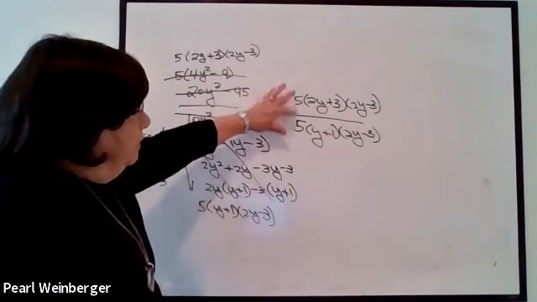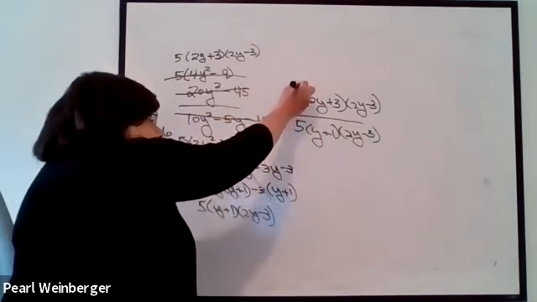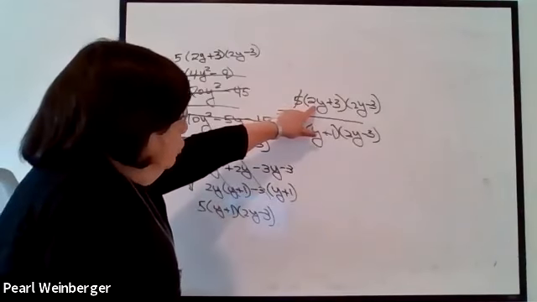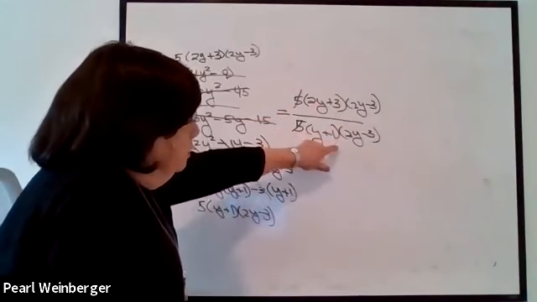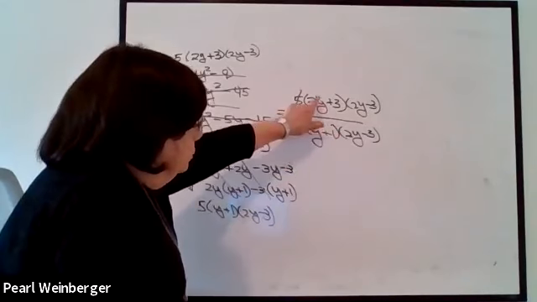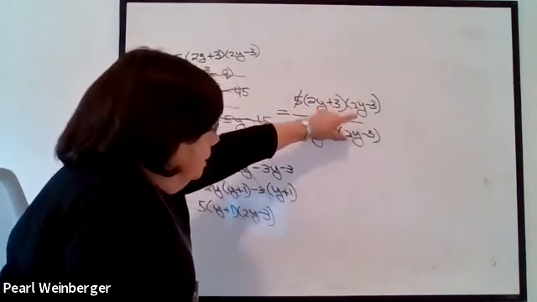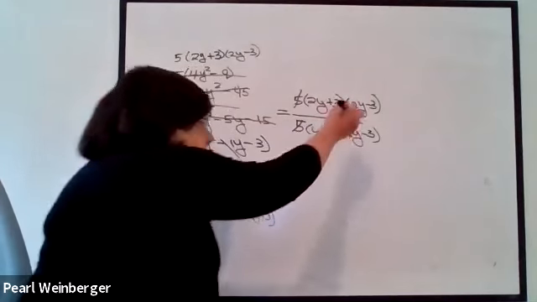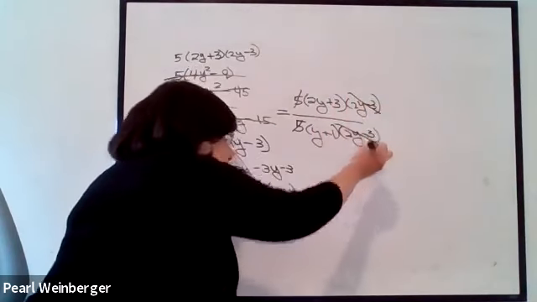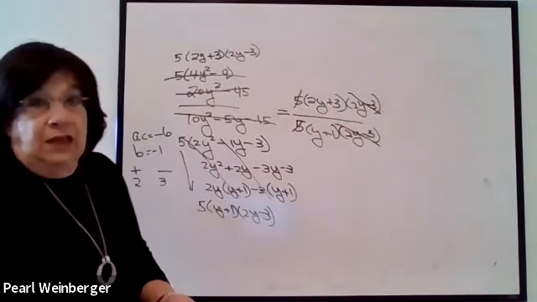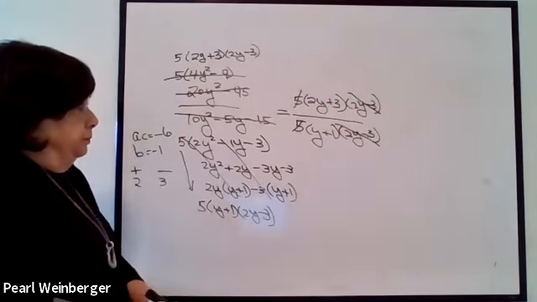First of all, the 5 on top and the 5 on the bottom just cancel. Now I have a 2y plus 3, but I don't have a 2y plus 3 on the bottom. I only have a 2y minus 3. Do not make the mistake of canceling this. But this 2y minus 3 and the 2y minus 3 can cancel. Notice for canceling those binomials, they have to be identical.